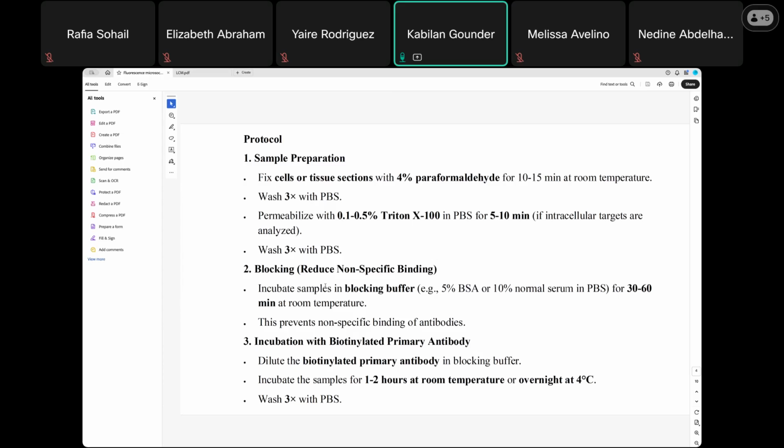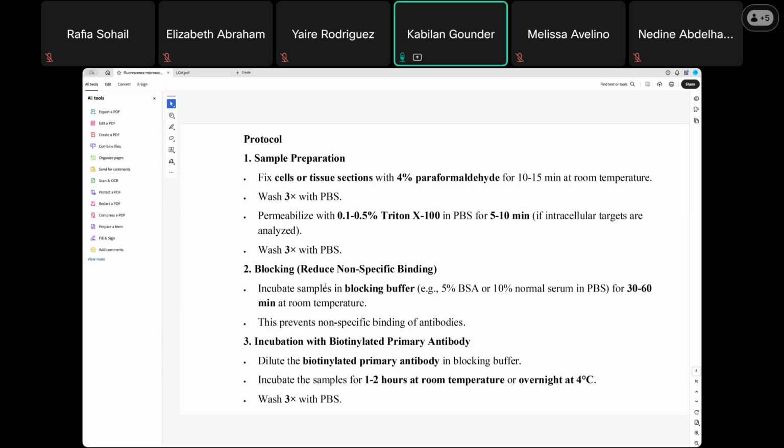Here we already discussed that you can conjugate the primary antibody directly with the fluorophore. That means you do not need the secondary antibody. If you conjugate with the fluorophore directly, then you can detect immediately.